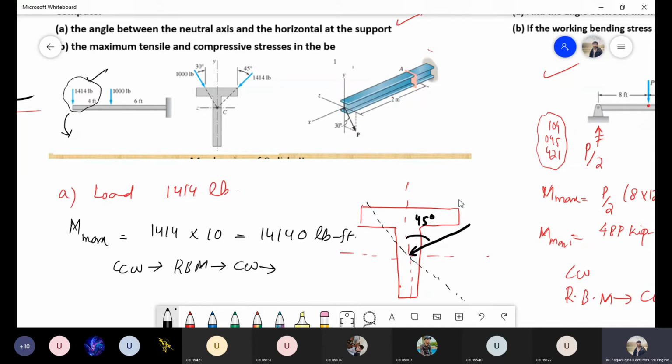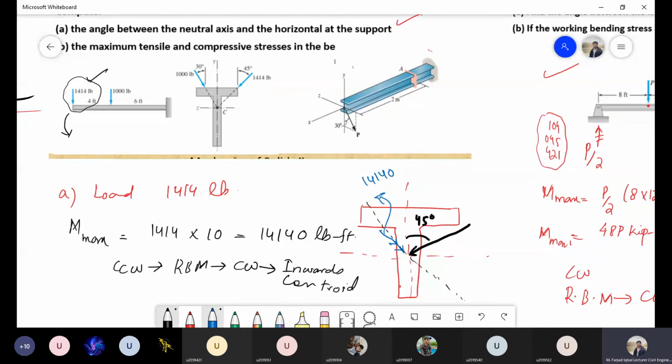So the clockwise direction shows that I have to show the movement pointing inwards towards centroid. So over here, if I want to represent it, it will be something like this one, and the value of this moment will be 14. Any question about this one?